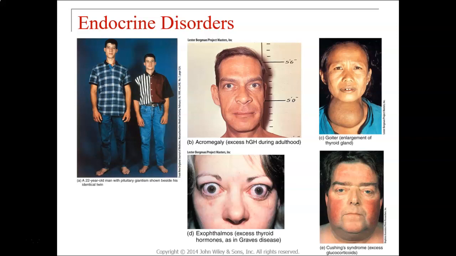So here, top right, as far as enlargement of the thyroid. One of the things which is necessary for proper thyroid function is iodine. That's why if you look at the salt supply at the store, you see iodized and then non-iodized.